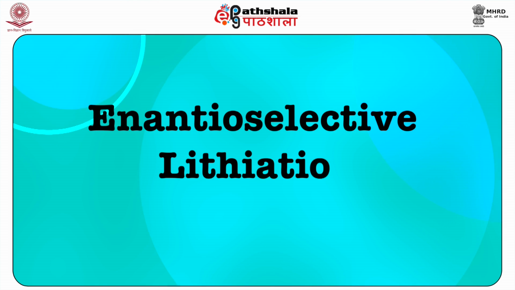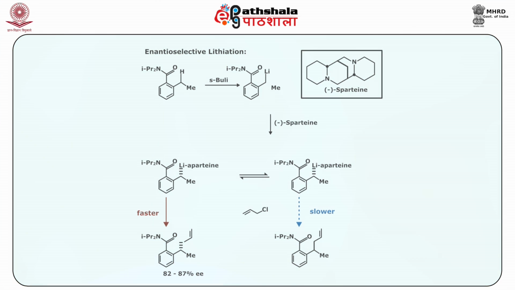Enantiomer selective lithiation. In this reaction, it has been observed that regardless of the fact that the starting material is chiral, and even at low temperatures, enantiomer selectivities remain the same. This also suggests that the two alkyl lithium complexes must be in equilibrium. If the equilibrium conditions are not followed, then at lower concentrations, enantiomer selectivity should be higher.